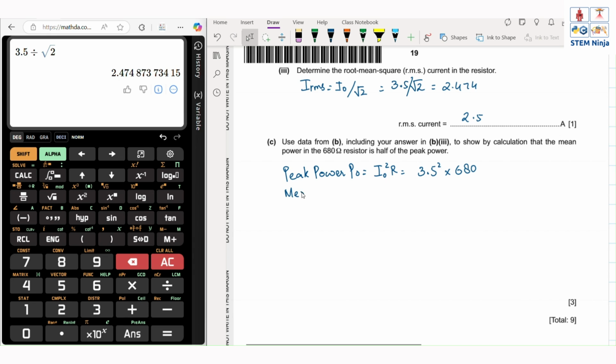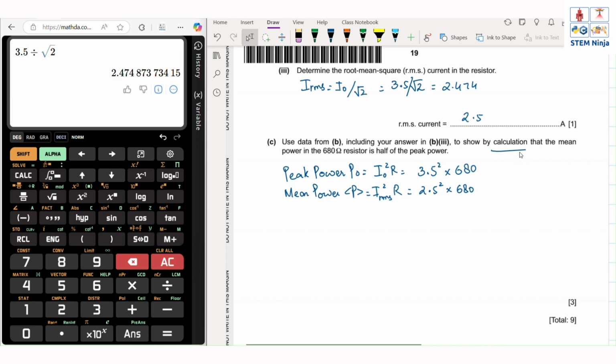Mean power, on the other hand, is coming from the I RMS whole squared times R, which is 2.5 squared times 680.